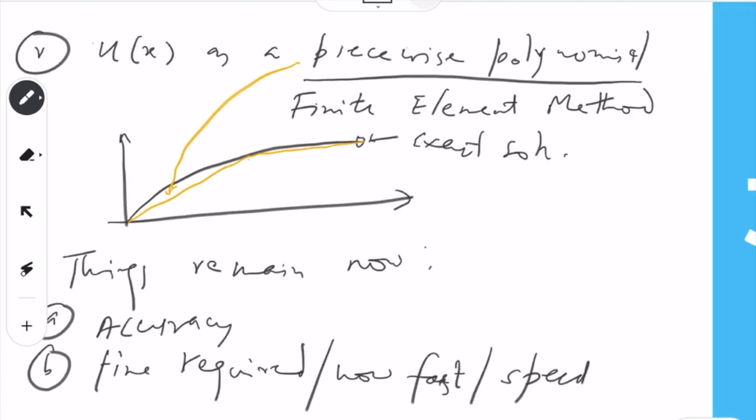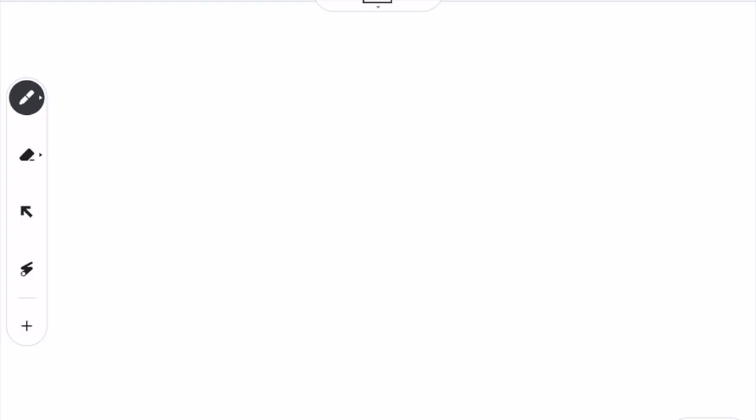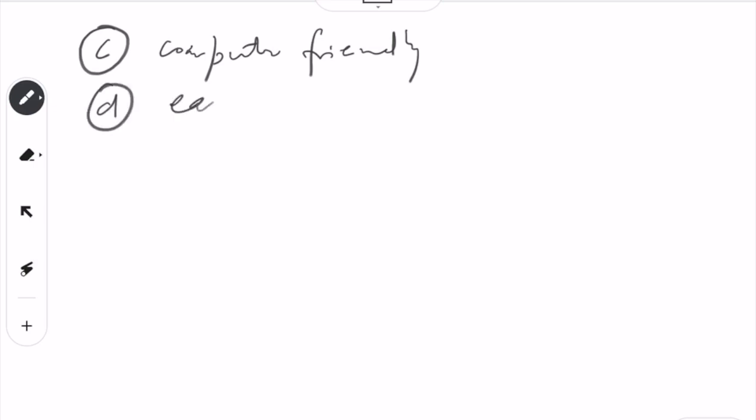We also have to see that the computer implementation should be computer friendly, and if possible easy enough, or elegant.